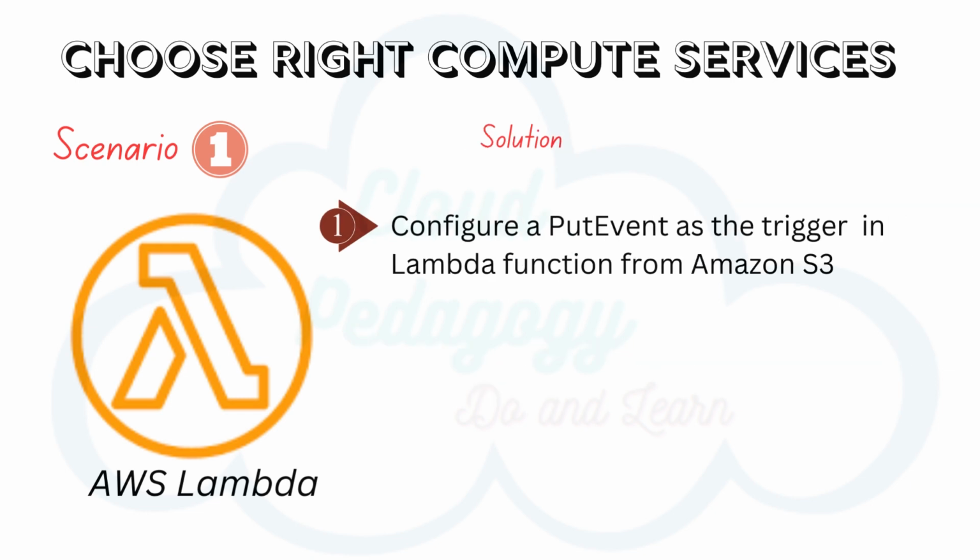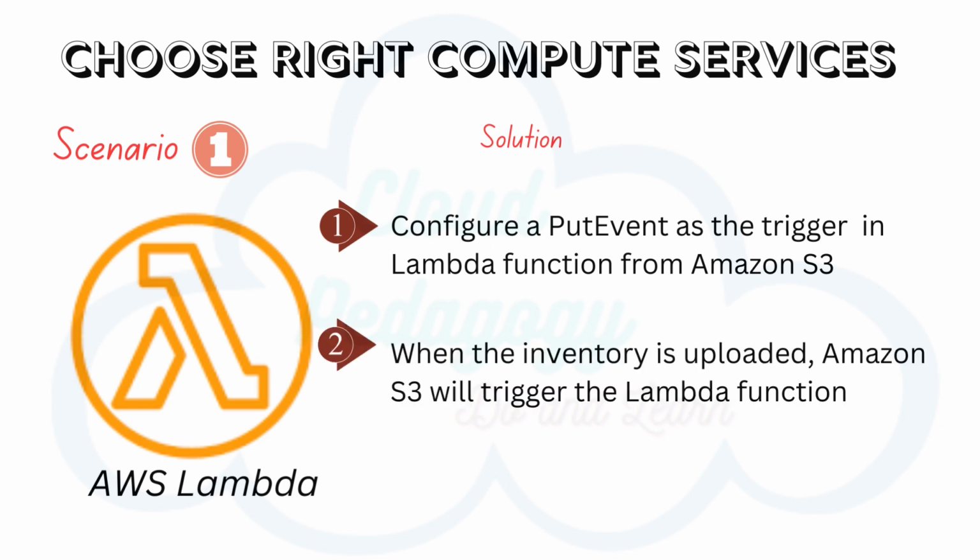So in this case, we can create an AWS Lambda function and configure a put event as the trigger from Amazon S3. Then when the inventory is uploaded, Amazon S3 will trigger the Lambda function to run, and the code in the function will parse the inventory document and add each item into the database. Okay, great. Then time for the next question.